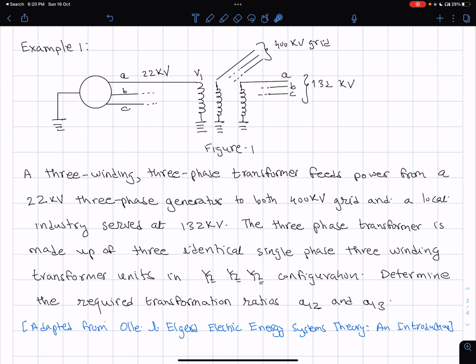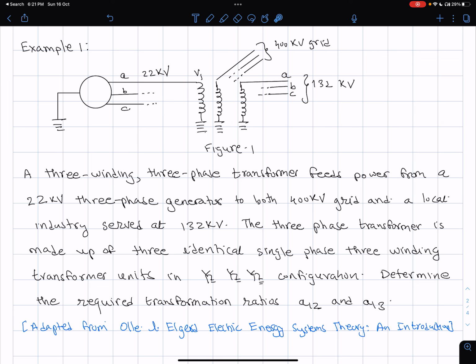If you look at this example, what we have here is a 3-phase generator, which is grounded, indicating a Y connection, and this 22 kV is a line to line voltage. Then it comes to a 3-phase 3-winding transformer.